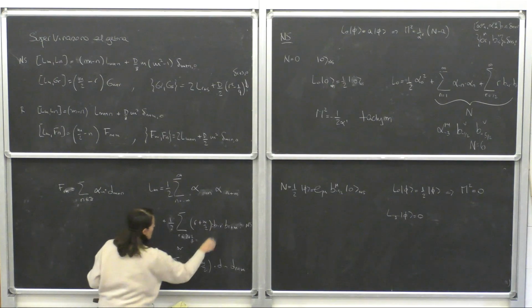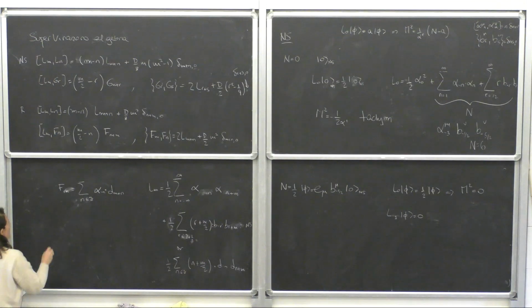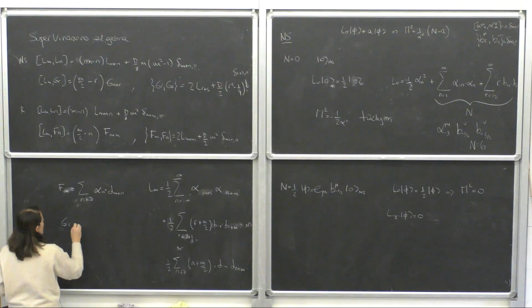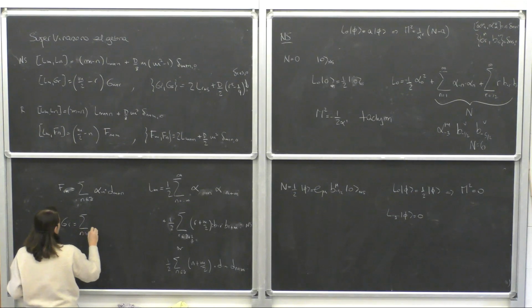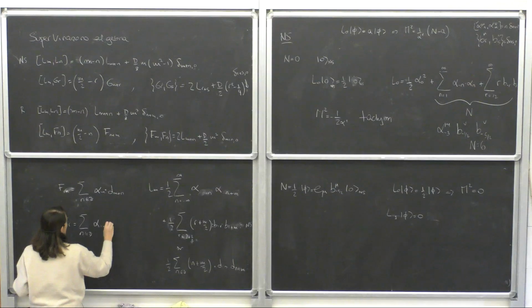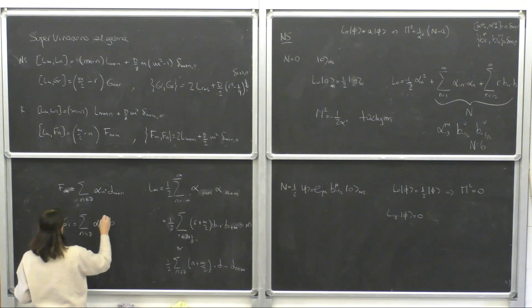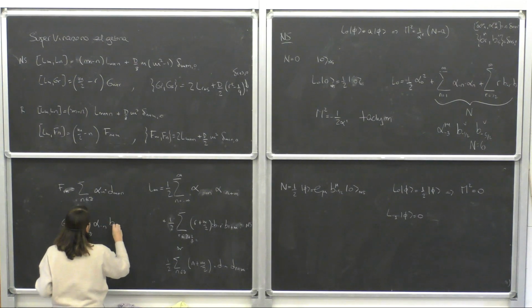The mu and the mu index are contracted. And the G_r is the sum over n also, alpha minus n, b m plus, sorry, r plus n.